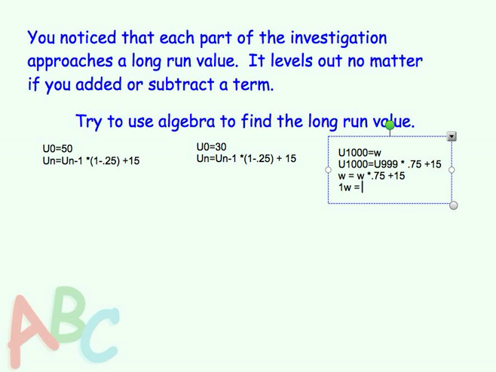W times 0.75 means 0.75W, and I'm going to plus 15. I'm just simplifying some of this multiplication. And I notice that both the left-hand side and the right-hand side have a common unknown value of W. So I'm going to bring them together. What I'm going to do next is subtract 0.75W from both sides.